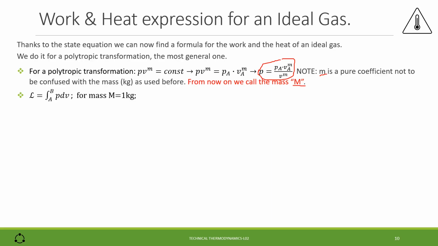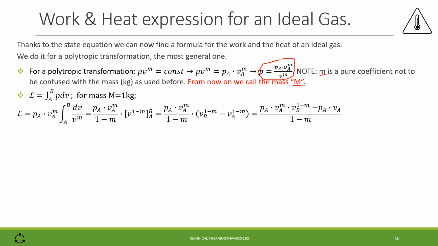We can write the thermodynamic work for a unitary mass as the integral between the states A and B of the pressure into delta volume, as already seen many times. And then we replace the expression of the pressure found here into the integral. We take outside of the integral the constant part, so it remains an expression of the volume that we can integrate very soon, and then we find this expression.